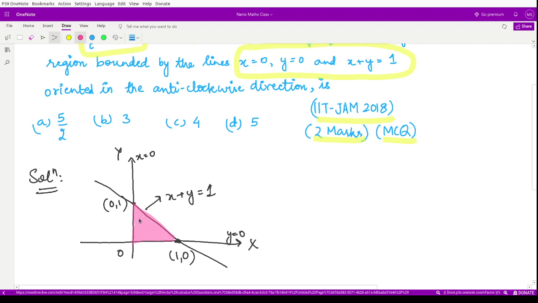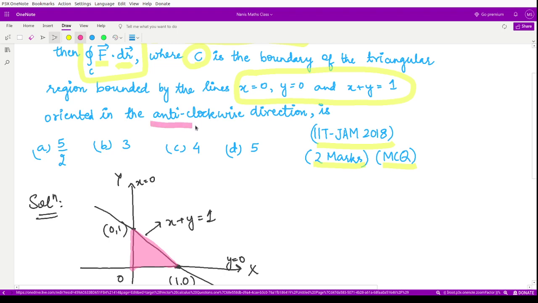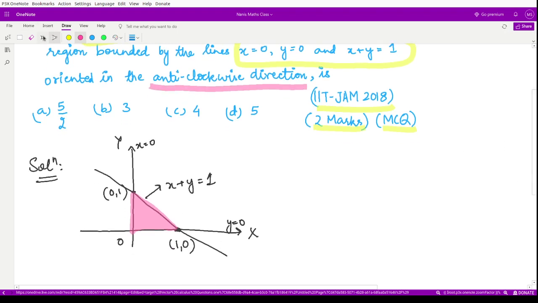Over this region we wanted to calculate the line integral in the anti-clockwise direction. So notice that the direction is anti-clockwise. Now this is important over here. Anti-clockwise direction means you are moving opposite to the direction of the clock, so it would be in this direction. According to that, we firstly move from here to here.